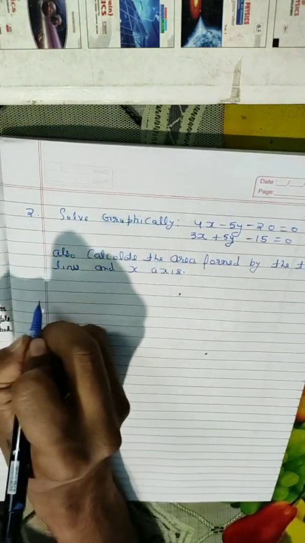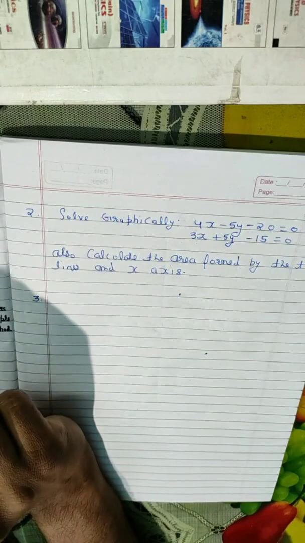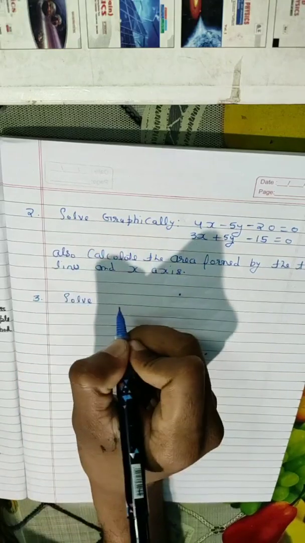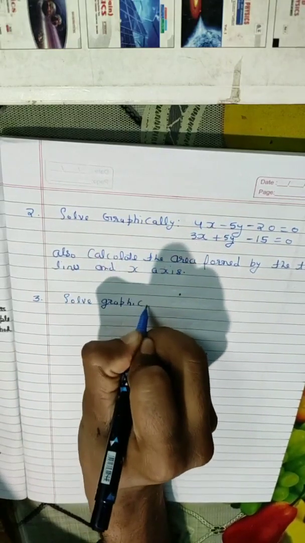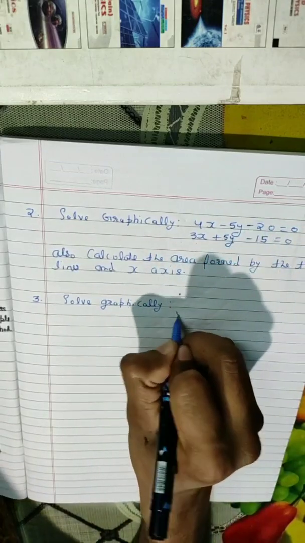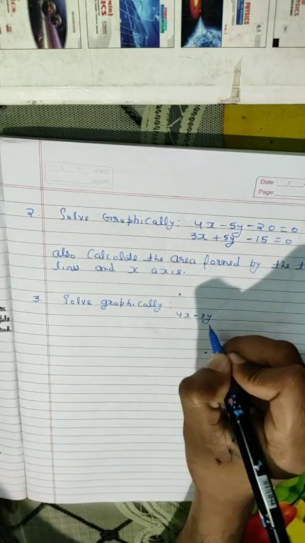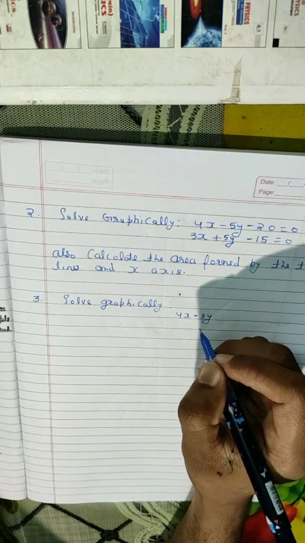Question number 3. You have to solve these two questions. Solve graphically. Students, a question can also come where you are given the two equations and asked to show that graphically they are parallel lines.